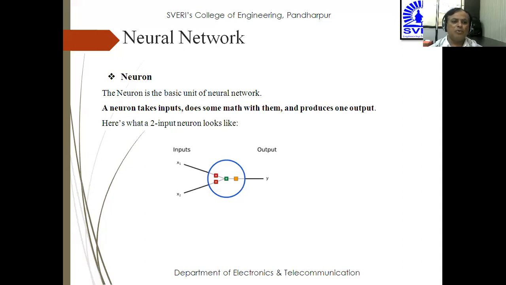How the neuron looks, you can see from the figure. There is a neuron which has two inputs, x1 and x2, and one output, y. As in the brain also, there are different neurons which combine, do some kind of functioning, and then you get a particular output.